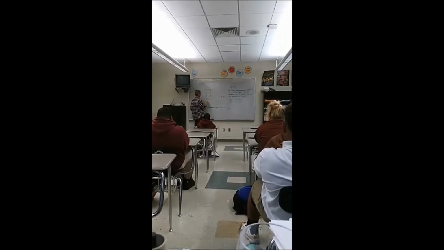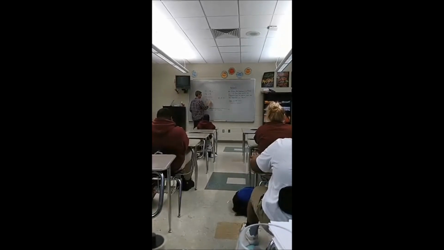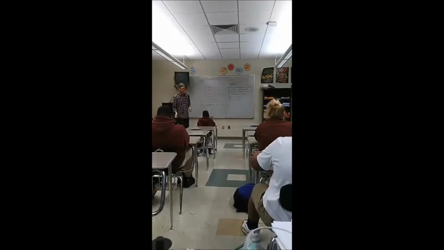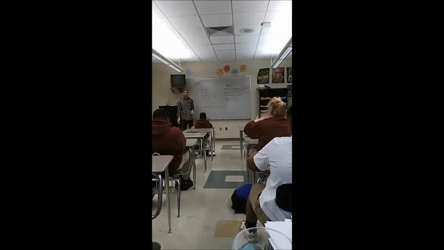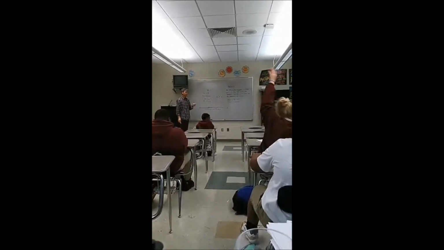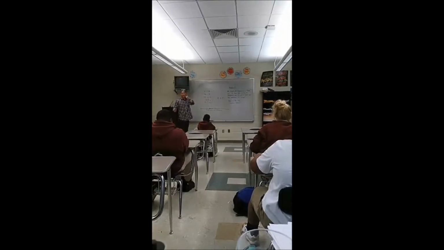If I have, let's say, a 9 minus a negative 5, here's where a rule is. Okay? What do we think 9 minus negative 5 is? 14? 14. You say negative 14?